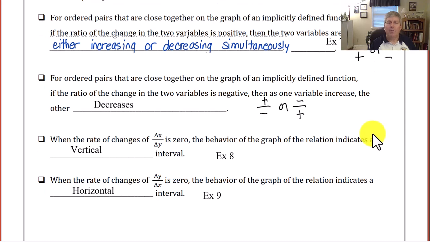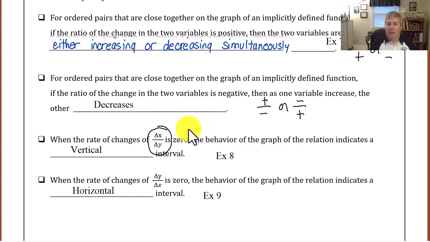And as we saw in example 8, when the rate of change of x over y is 0, so we don't have a horizontal slope because it's x over y, we will have a vertical interval because we're flipping our x's and y's.